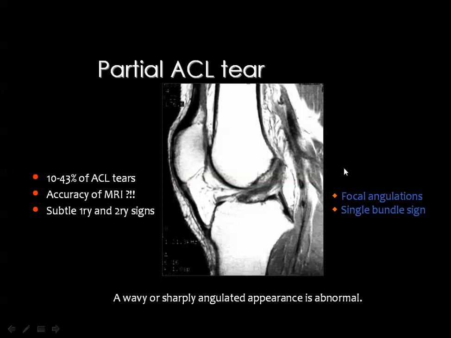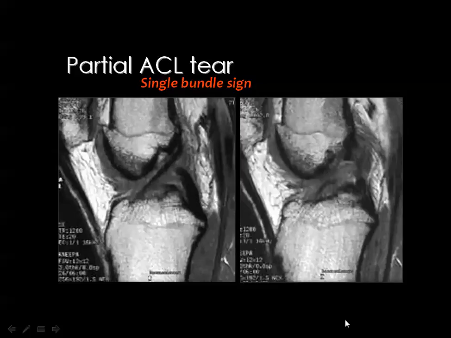If you look at the ACL here, you can see that the ACL is stretched and no longer parallel to the roof of the intercondylar notch, but it appears to be of somewhat normal signal. Then if you see angulation or the ligament is lax, you may assume that this is a partial tear of the ACL, which should be confirmed by arthroscopy.